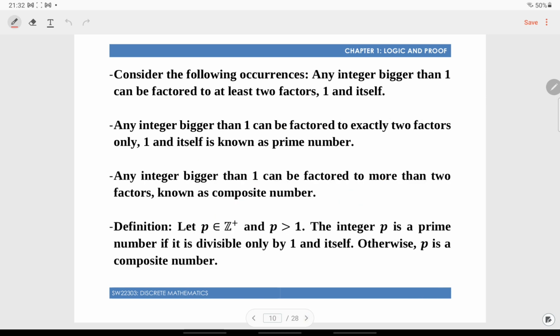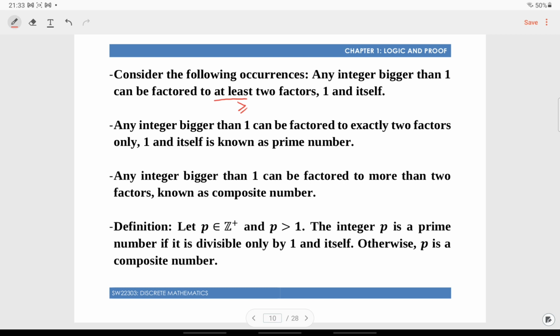Consider the following. Any integer bigger than 1 can be factored into at least 2 factors, 1 and itself. At least means it can be greater than or equal to. Any integer bigger than 1 that can be factored into exactly 2 factors only, which are 1 and itself, is known as a prime number.